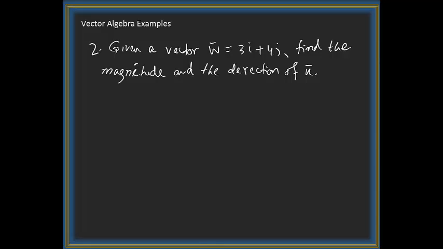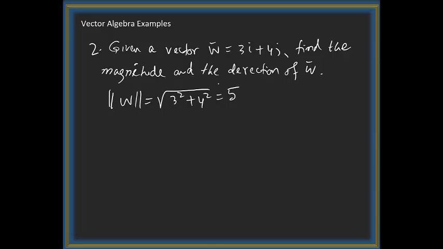We have a second example. The vector W is written as 3i plus 4j. We want to find the magnitude and the direction of the vector. So the magnitude will be simple like this: the square root of 3 squared plus 4 squared, which is simply 5.